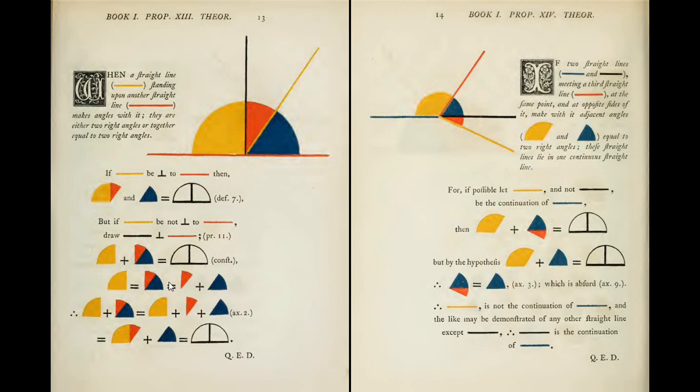So by construction, yellow and this sum are equal to the sum of two right angles. This two right angles. And this is, by definition, the sum of these two.